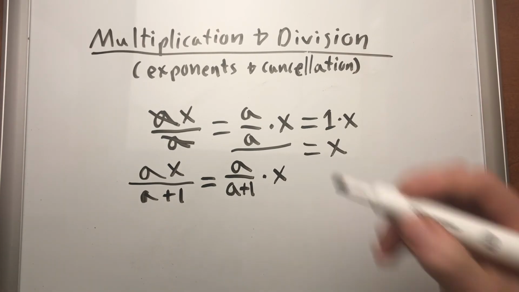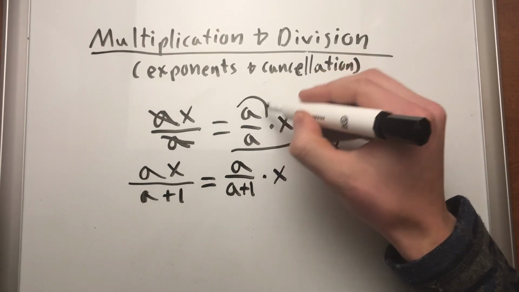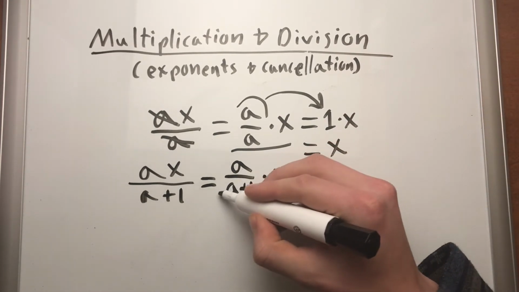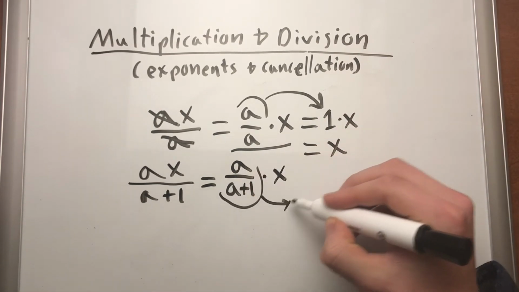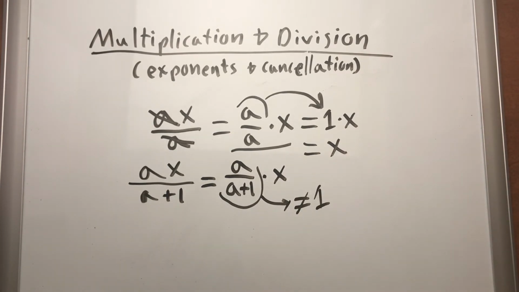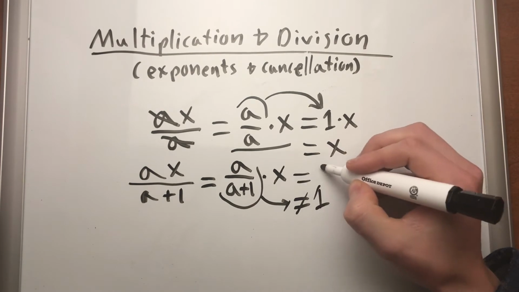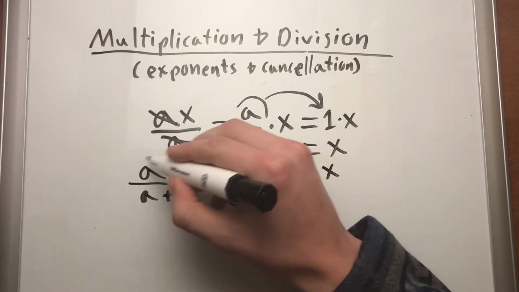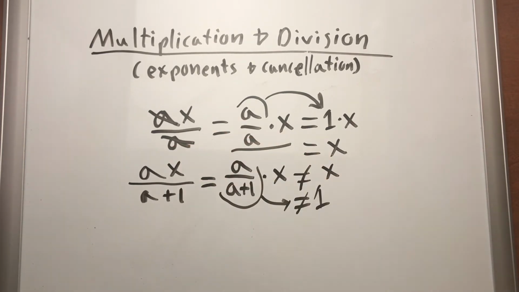And we can't do the same thing we did in the first example where a over a is equal to 1, because a over a plus 1 isn't equal to 1, which means this is not going to be equal to just x. Therefore, if you have a situation like this, these a's, or these terms, will not cancel out.